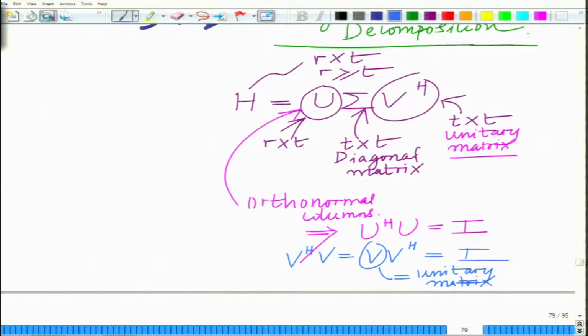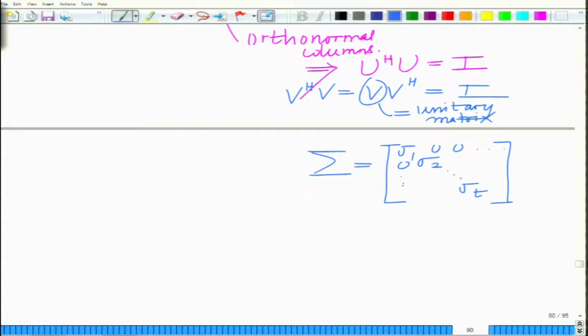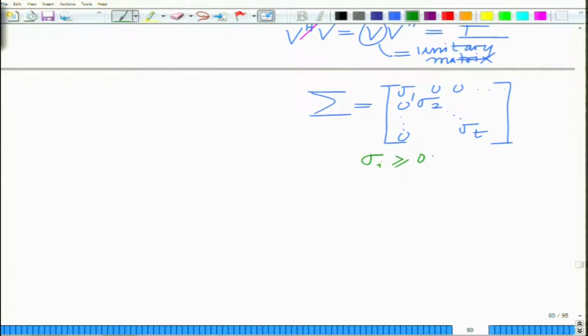Further, this quantity sigma is a diagonal matrix of what are known as singular values: sigma 1, sigma 2, up to sigma t. Each of these quantities sigma i is non-negative, that is, greater than or equal to 0, and these are arranged in decreasing order, that is, sigma 1 is greater than or equal to sigma 2, and so on, down to sigma t.